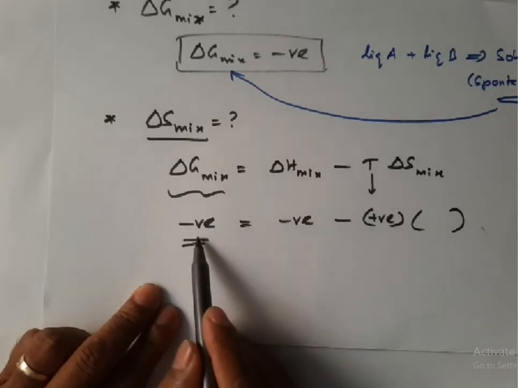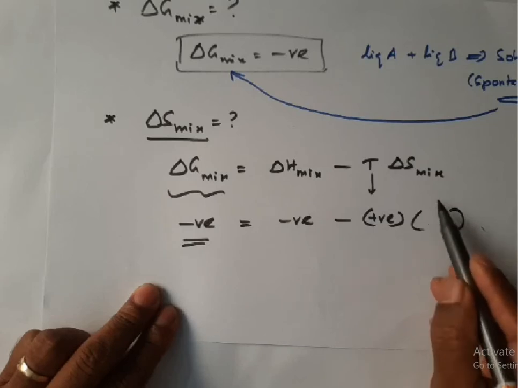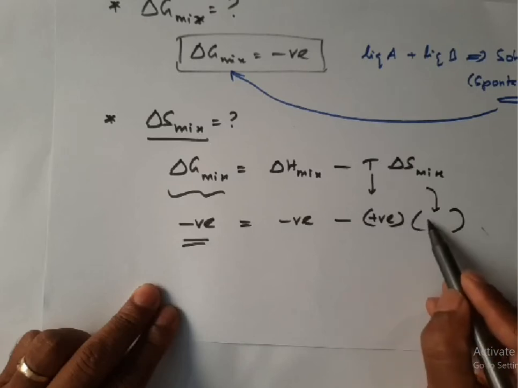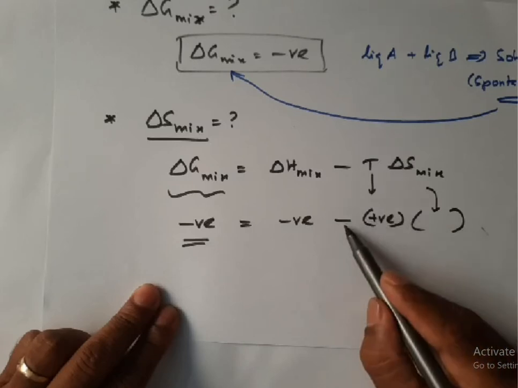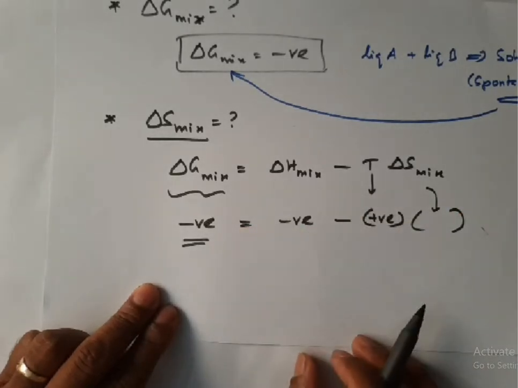What will happen if this is negative, students? It will become positive: negative into positive is negative, and negative with negative becomes positive. So this becomes positive and this becomes negative.